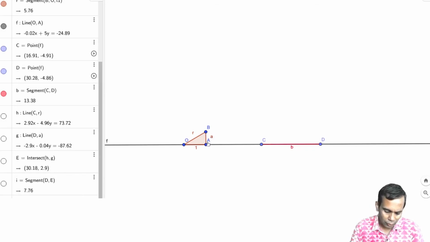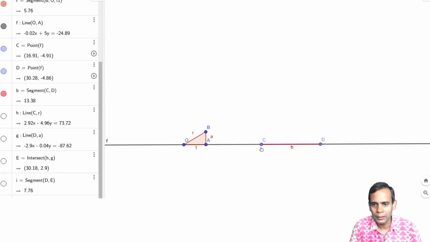So I'm just going to mark off little a along this perpendicular line. So I have this right angle triangle OAB, and the idea is to construct another right angle triangle whose base is b. How do you do that? Well, you mark off the length b again somewhere along this line passing through O and A.